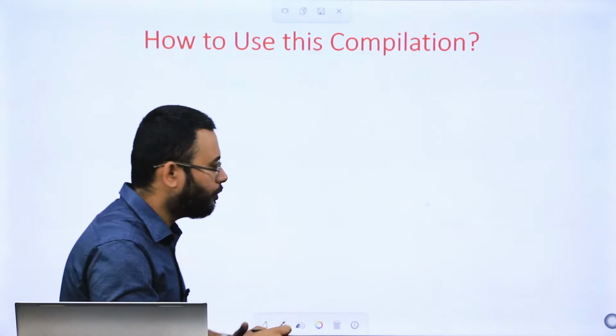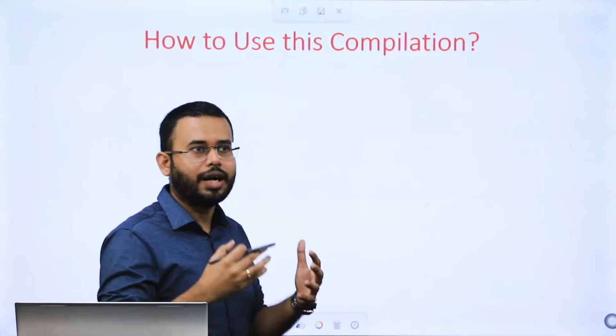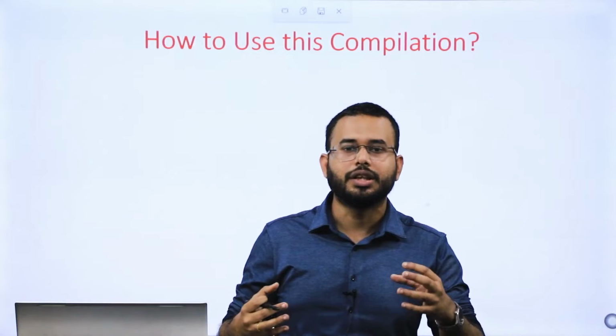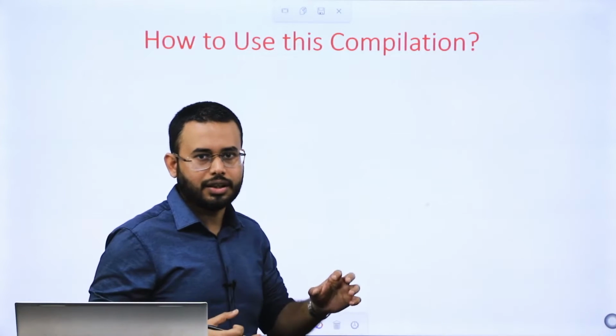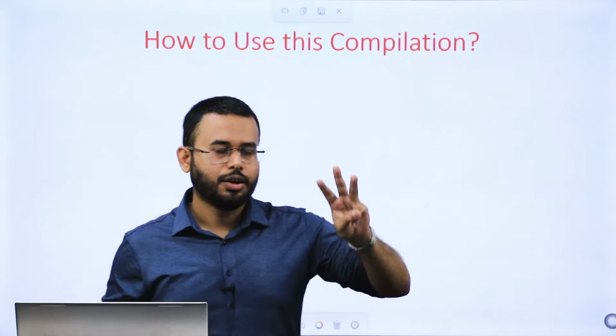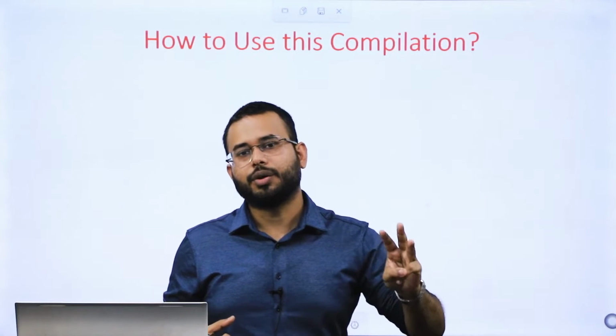So if we analyze the previous year questions to look at the trends of questions in environment and ecology, you will see that every year there are 3 major areas from which the maximum number of questions are coming.